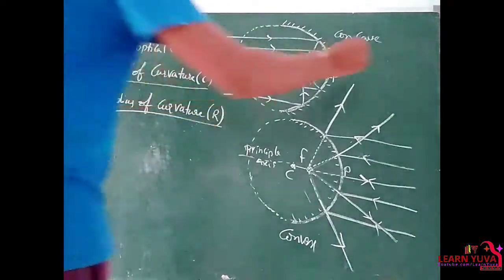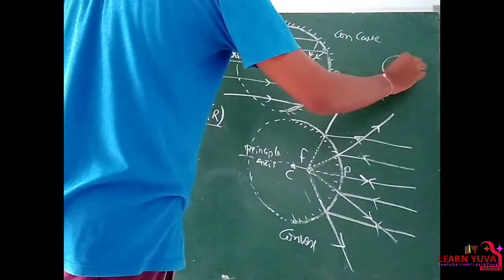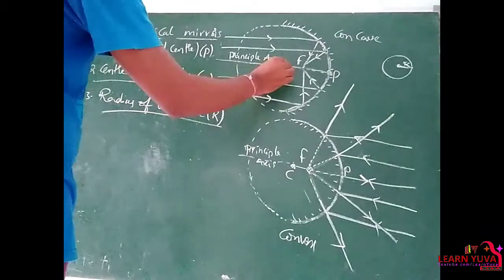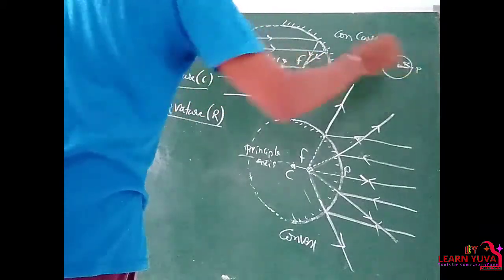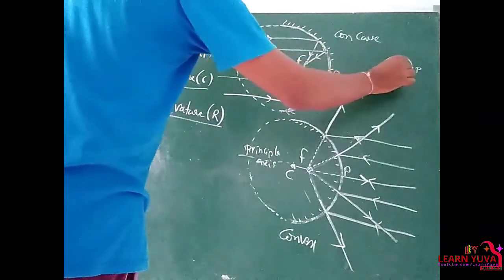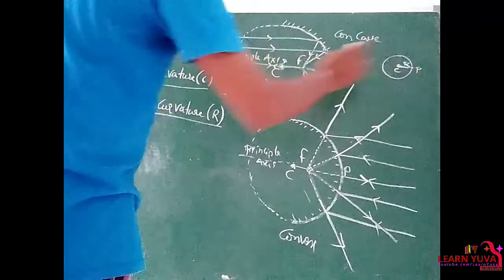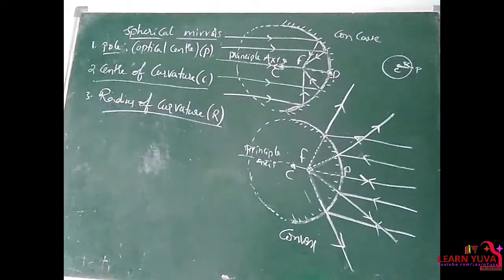The distance from the center point of the circle to any point on the circle is the radius. In this mirror, that point on the surface is the pole, and the center point is the center of curvature. So the distance from the center of curvature to the pole is the radius of curvature, denoted by capital R.